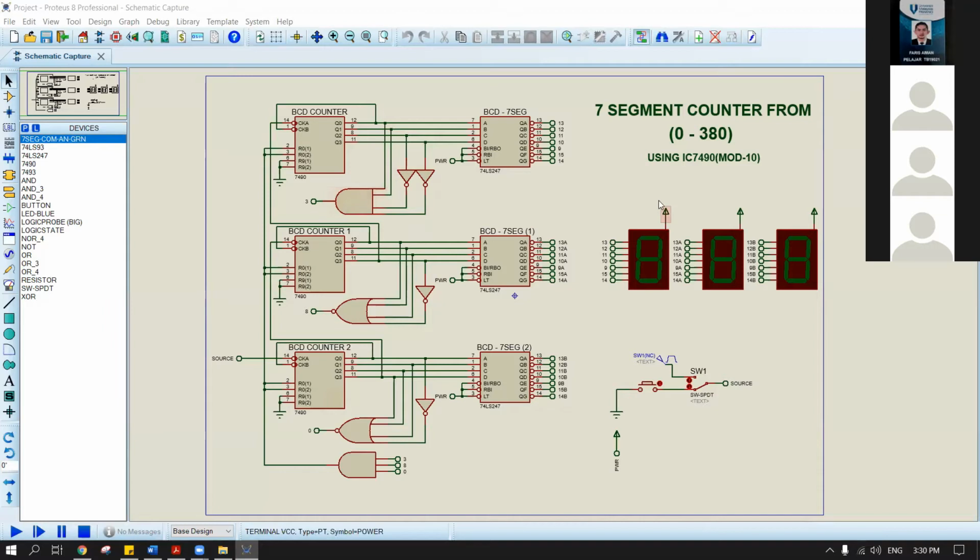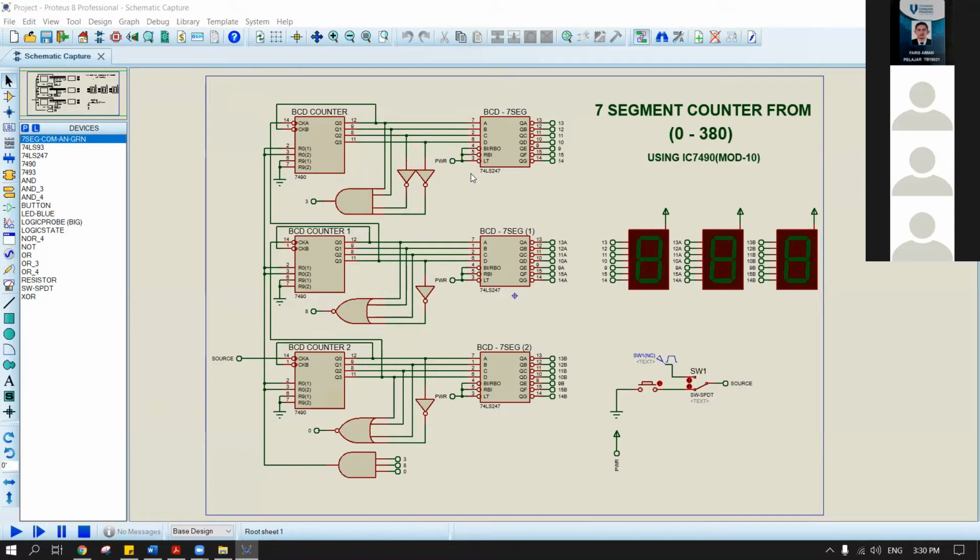For example, as you can see for the first part, the BCD counter in the top first one, we want the 7 segment to count from 0 to 380, right?